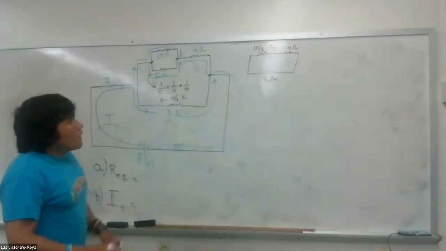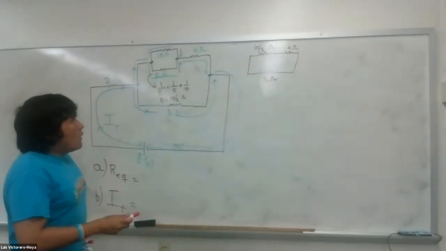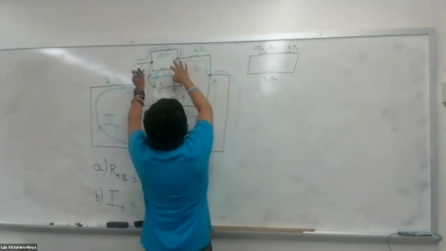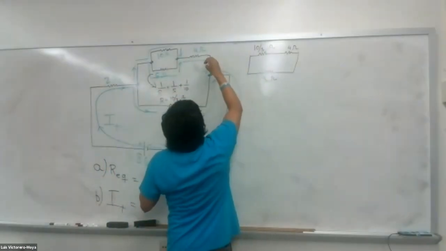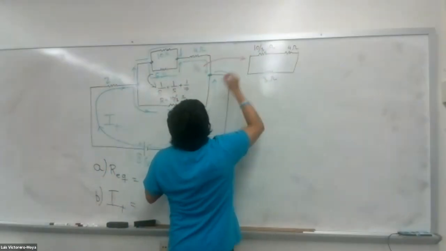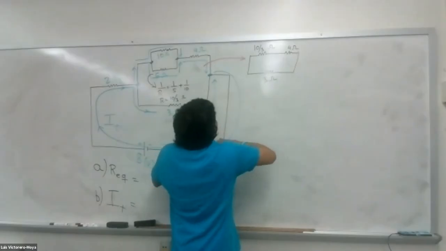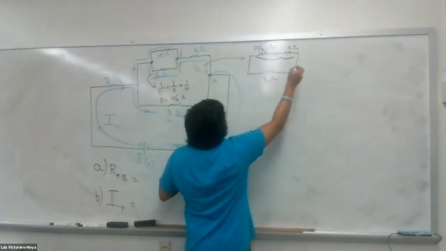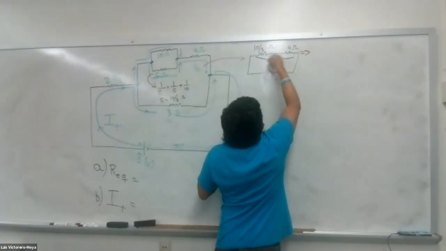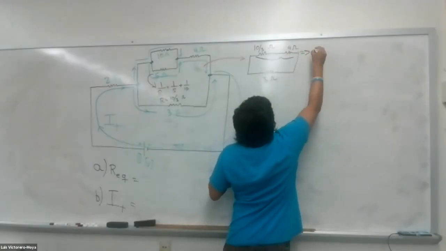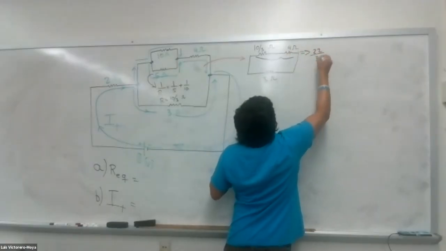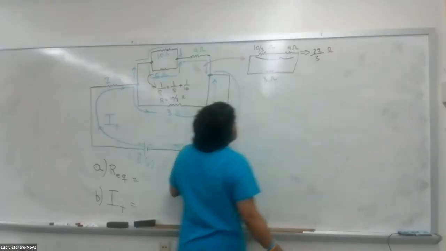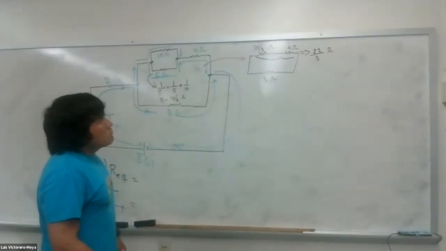All right. So all this was converted to this. Now, 10 over 3 plus 4, these are in series. If you add them together, you will get 22 over 3 ohms, if you do the series combination.